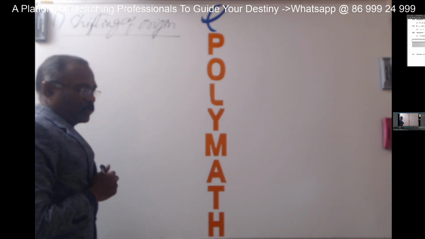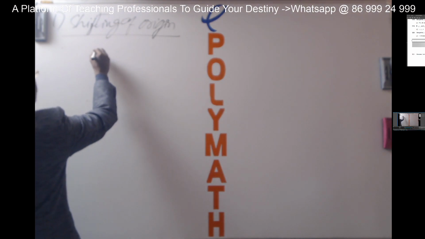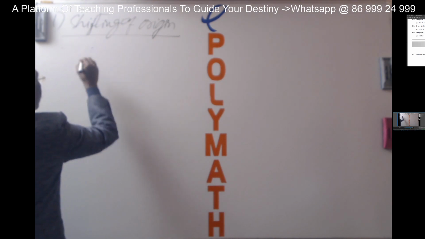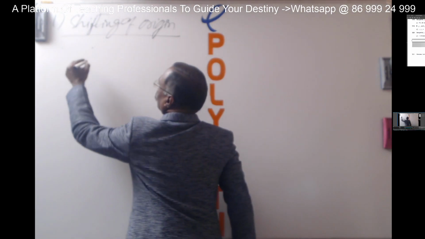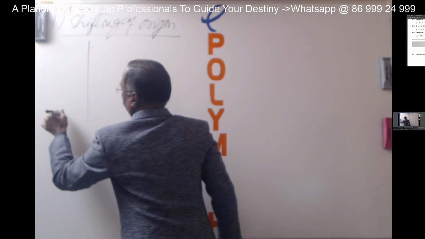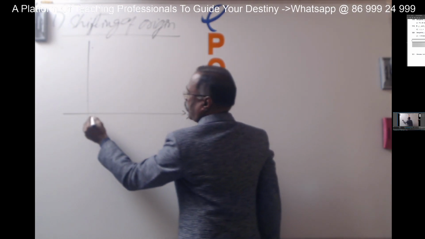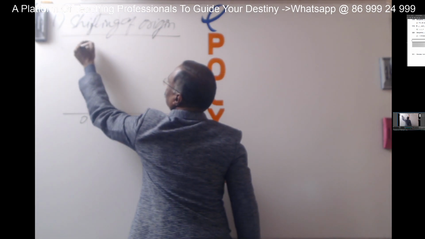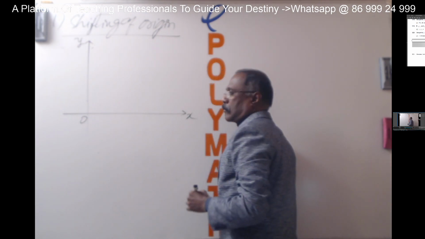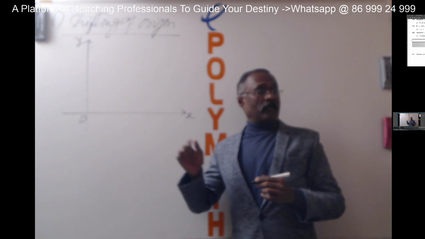So shifting of origin goes like this. These are the standard coordinate axes, or original coordinate axes, denoted by small x and small y.